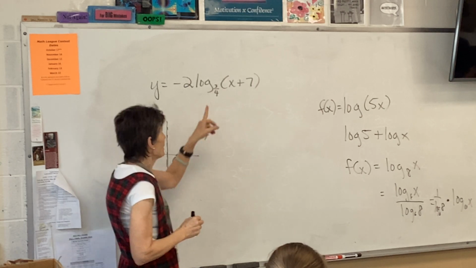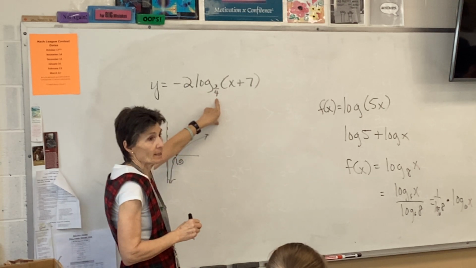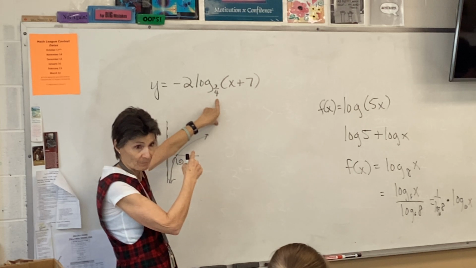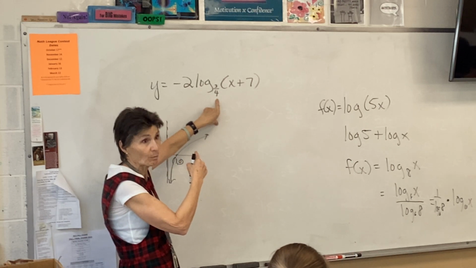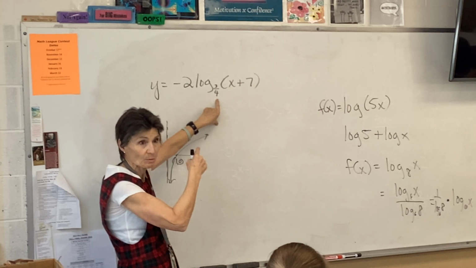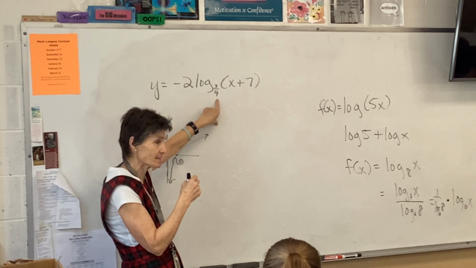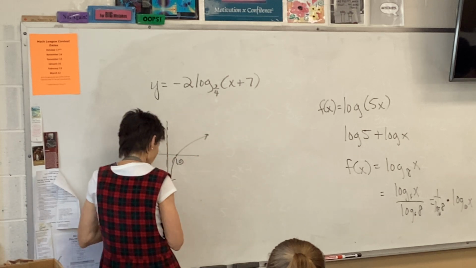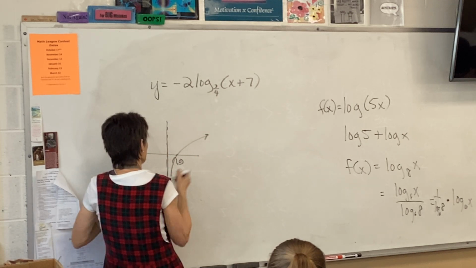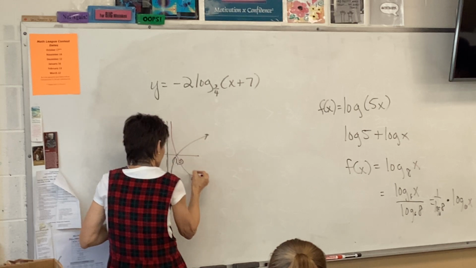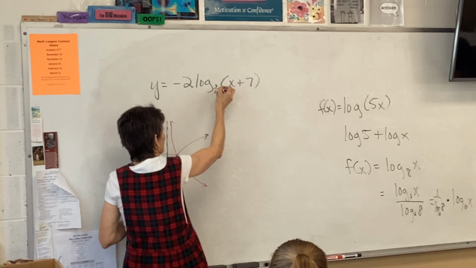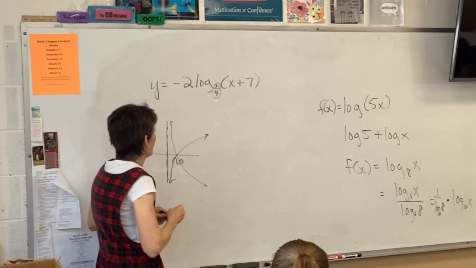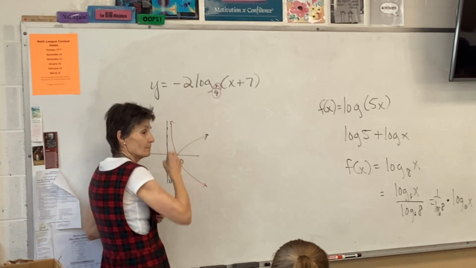Now, what does that do to it? That's a reflection across the x-axis. If your base is less than 1, it takes that picture and turns it into this picture. That's what this does, right? Now, what does that do?